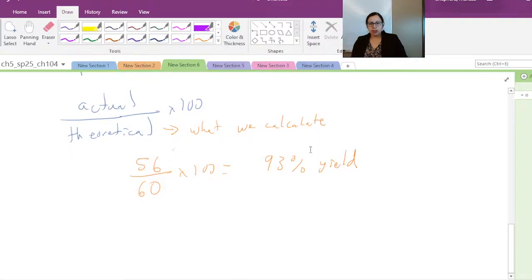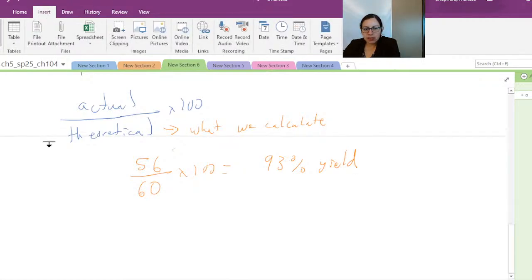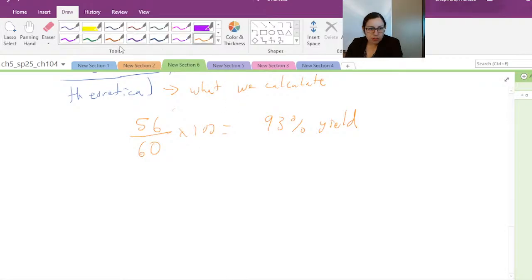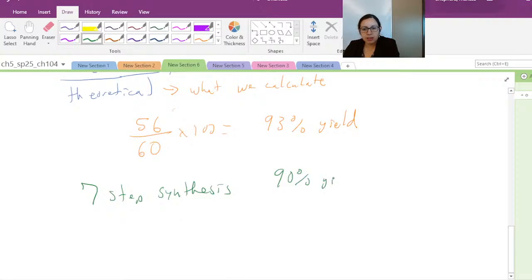Something else to think about is, why is this relevant? In Gen Chem, we only do one-step reactions, but let's say you were trying to plan a synthesis. Even a relatively small synthesis, let's say a 7-step synthesis, and you had a 90% yield at each step. 90% sounds pretty good.